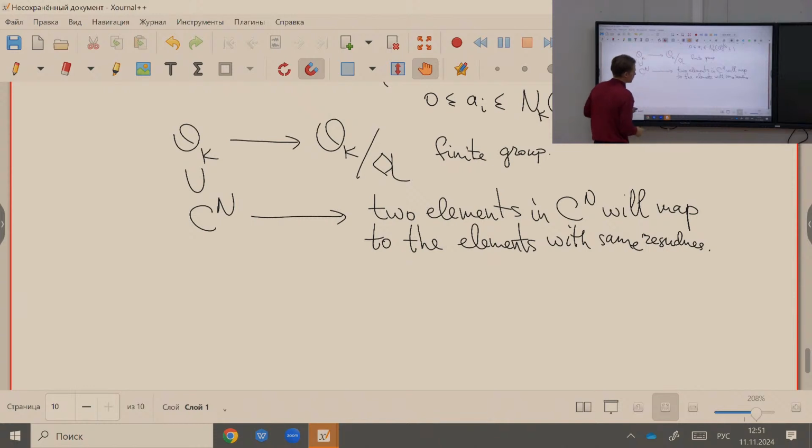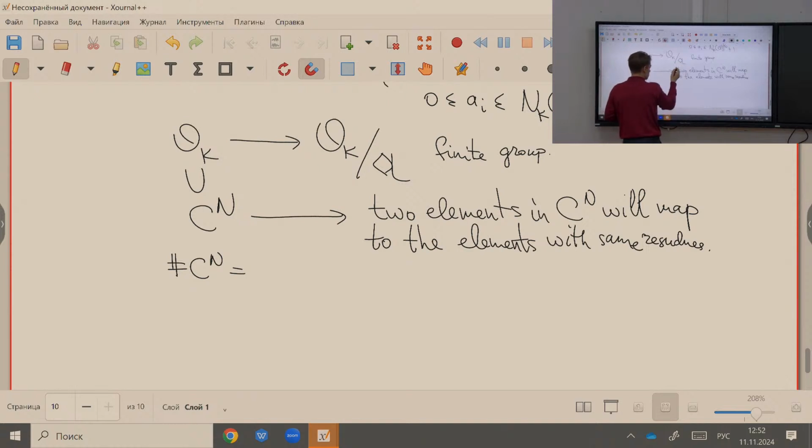Yeah, so this means that two elements will map together, and the number of elements in C^n is just the power. Yeah? It is just the different coefficients, since omega are bases, so all elements are different.